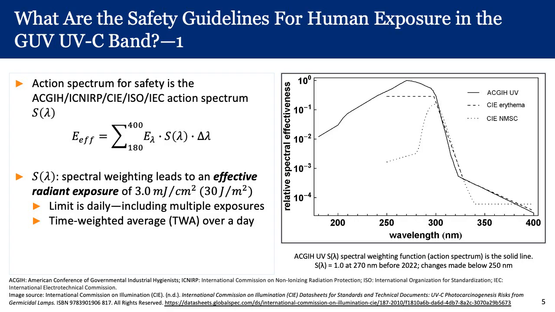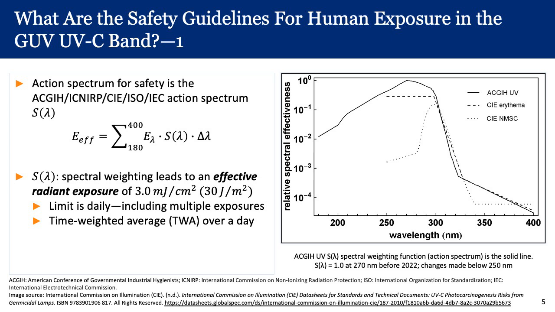And remember, we showed this figure before, that wavelength is very, very important. And the effect is seldom from just one wavelength, but we have this weighting factor formula shown on the left. The permissible exposure limit is 3 millijoules per square centimeter after everything's been weighted.